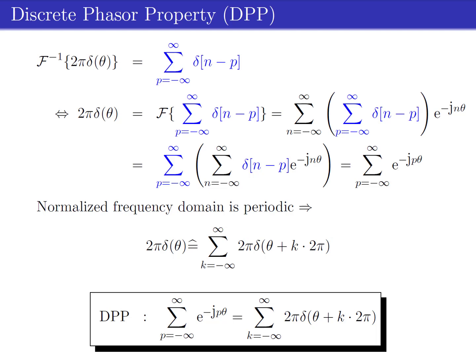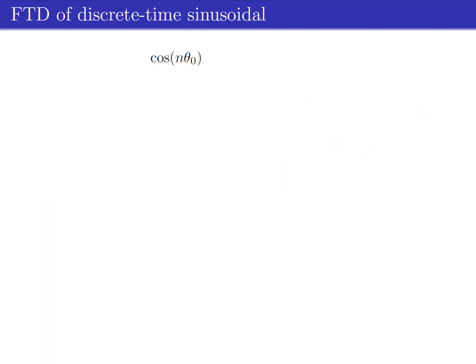From this, we obtain the given discrete phasor property, abbreviated by DPP. We can use the DPP property to evaluate the DTFT of the discrete time sinusoidal function with frequency θ is θ0. The first step is to use Euler and write the function as a sum of two discrete time phasors.